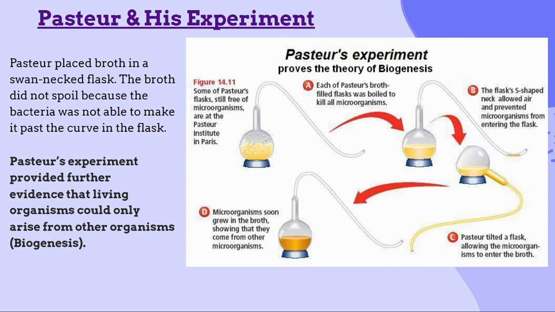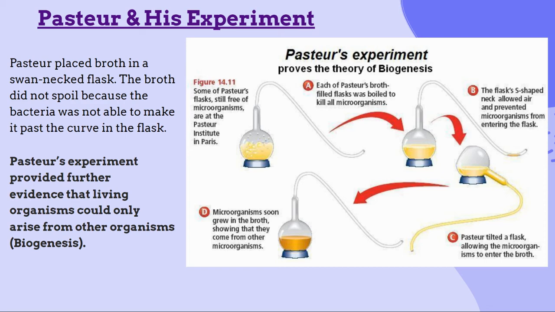And what he did, each of his broths that he made, because he had to have a control and one that was not a control, each of the broths that he made was boiled to kill the microorganisms that might be in it. And then one of them was set so that the neck didn't allow air to get into the actual flask.